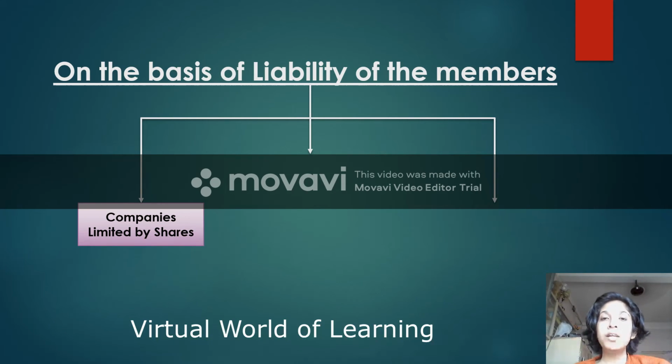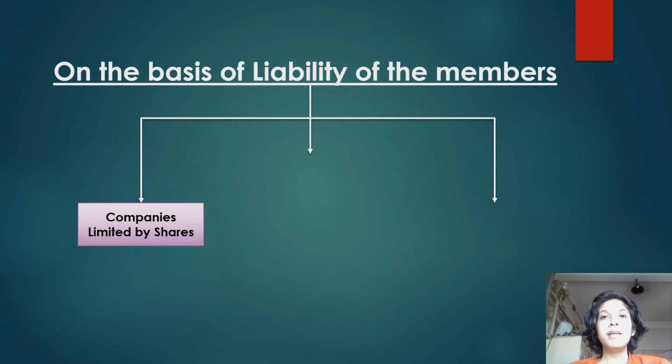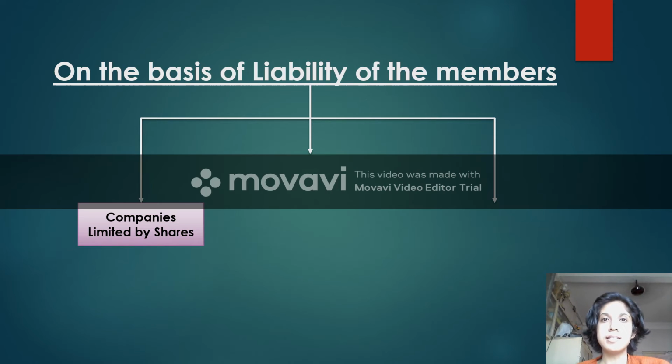At the time of incorporation or at the time of issue of shares, the members have already bought their shares. Now, they know that this type of company, whenever it is going to wind up, is not going to ask them to pay anything to clear its debt. The company may be clearing its debt from its own assets. The members will not be asked to contribute anything at the time of winding up for this type of company.